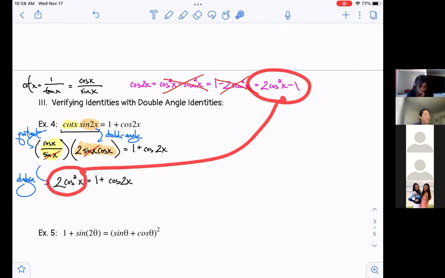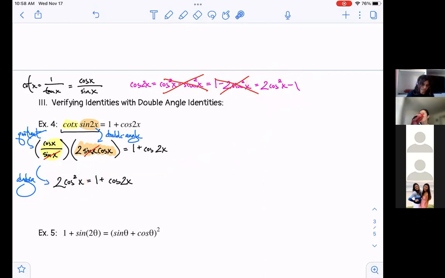Right? Why did we want to move that 1 to the left-hand side? Yeah, we want to make it match, right? We had a -1 here, and this one doesn't have a -1.